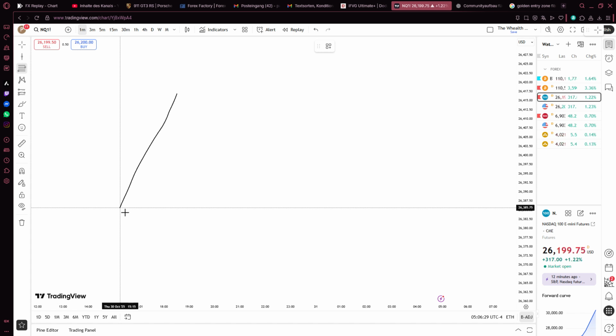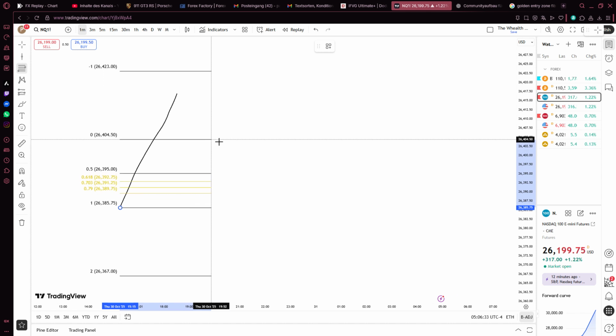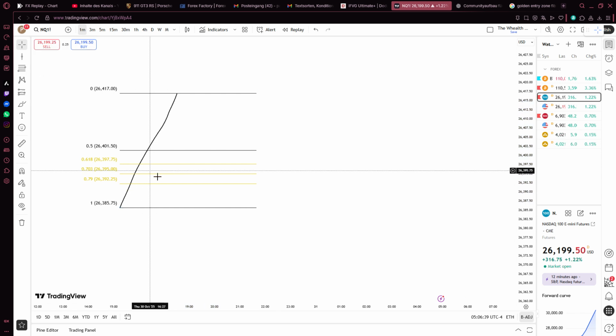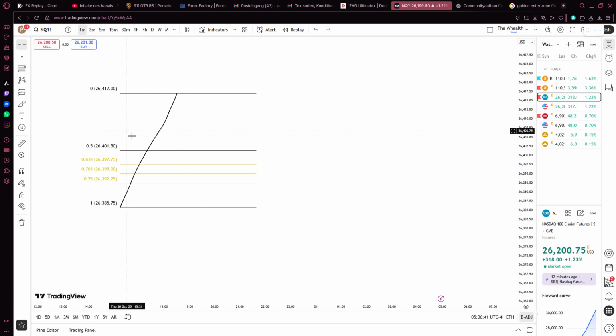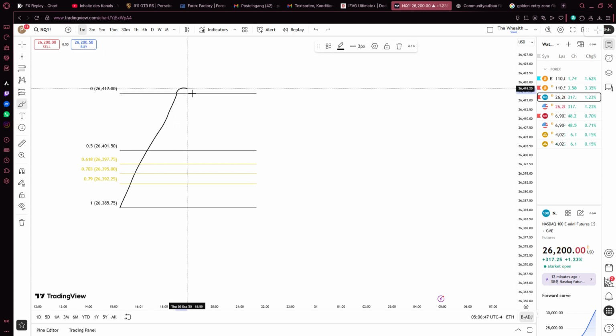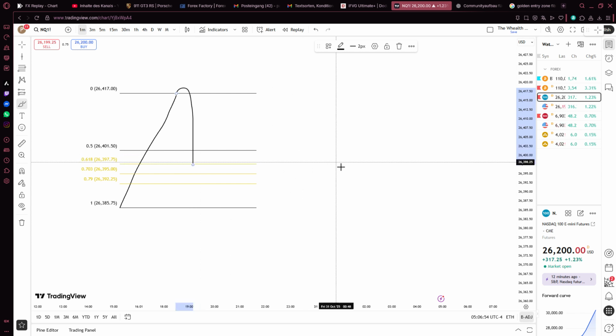So you take the fib from the low to the high, and you have this golden area. So you want to know the price pull back into discount.